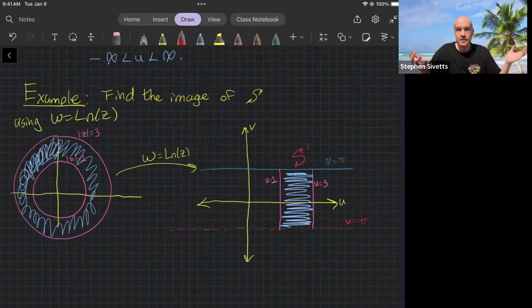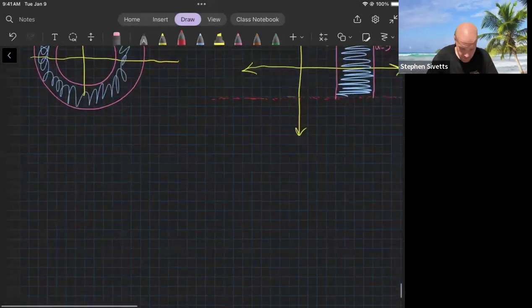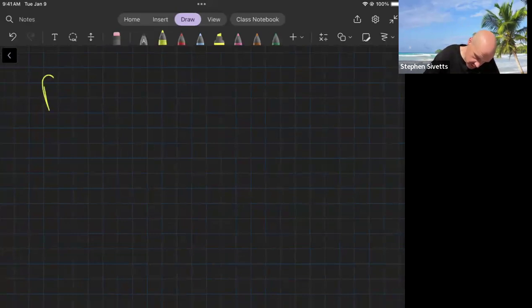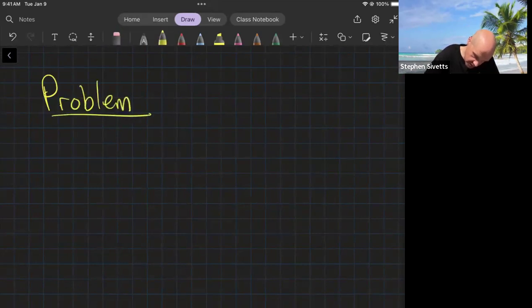Okay. So that concludes the two-part series of the complex exponential and logarithm. These are some problems for you to work with. Next time we'll be looking at trig functions in the complex numbers.